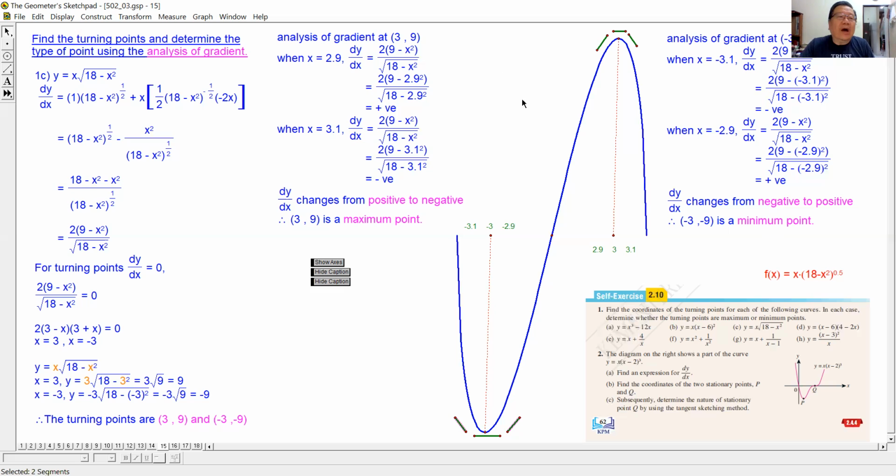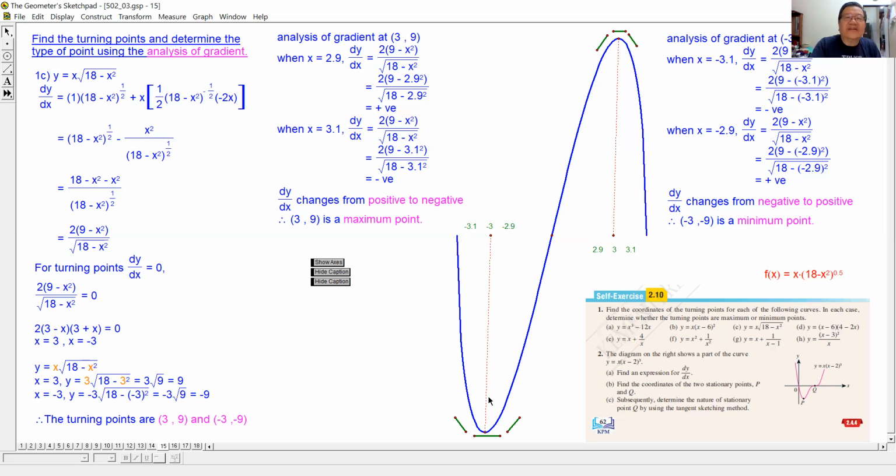Okay, so now, before you ask me any question, I just repeat for your sake. The first thing that you need to do, when you want to find the turning point, is find the dy dx.